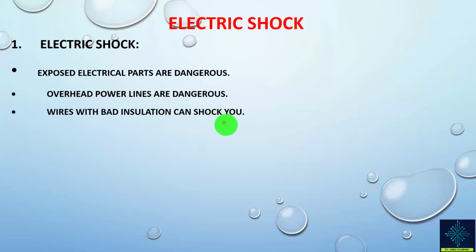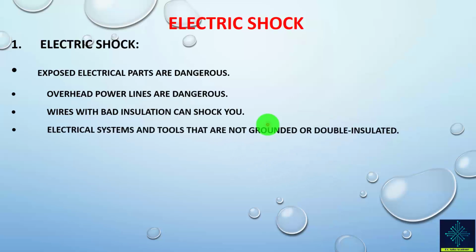Wires with bad insulation can also lead to shock because insulation in itself is not enough. We have to have the proper insulation, the good insulation that can protect people and equipment. If you have a problem with insulation, this is a hazard that can lead to serious consequences.